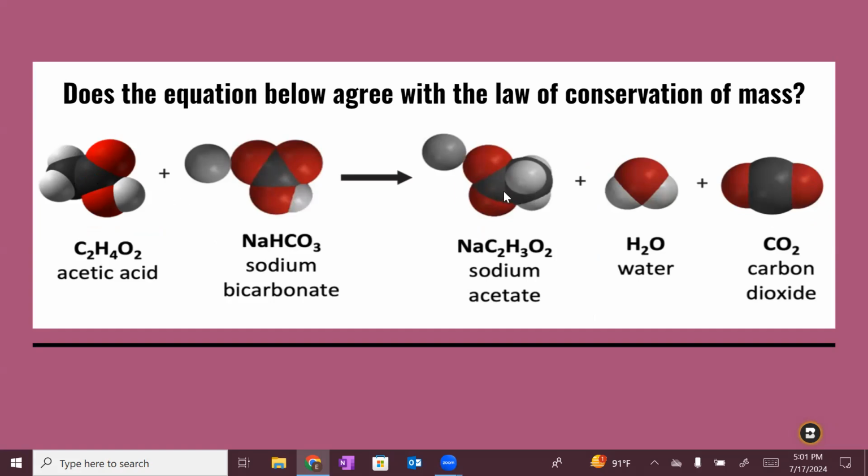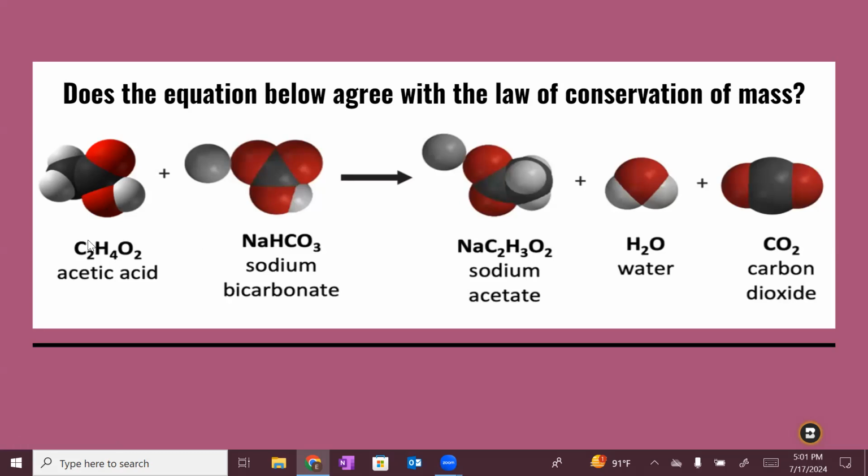There's 2 carbon here. 3 is not very clear, but from the chemical equation, you can get from the formula, you can get that. Then hydrogen, 1, 2, 3, 4. 1. So hydrogen is 4, 5.